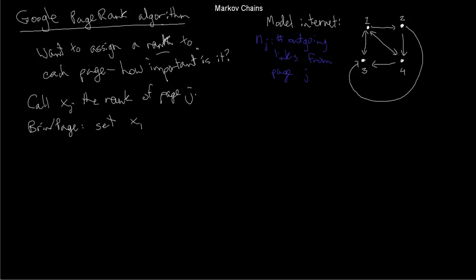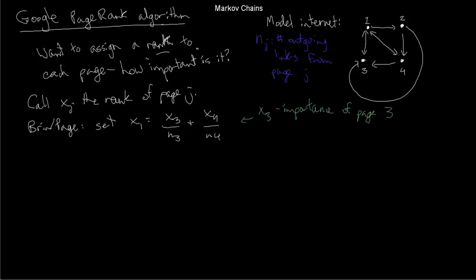The plan, a brilliant plan by Brin and Page, is that I should set x1, the rank of page 1, to be the importance of page 3 divided by the number of votes that page 3 is casting, plus the importance of page 4 divided by the number of votes that page 4 is casting.